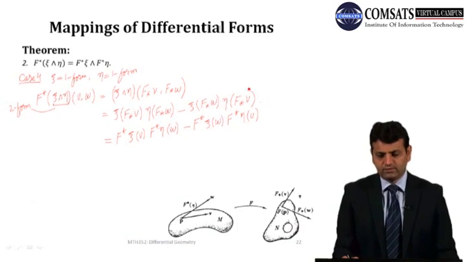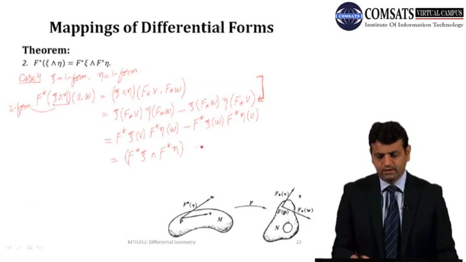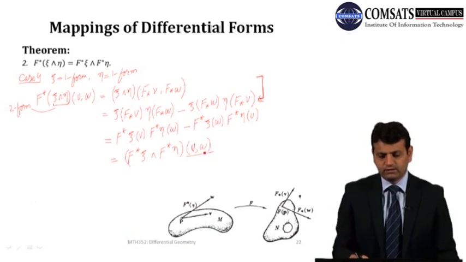Now using the same definition which we used to come from this line to this line, we can go back and we see that this is just the wedge product of f upper star xi and f upper star eta at point v w, and this v and w both are tangent vectors.